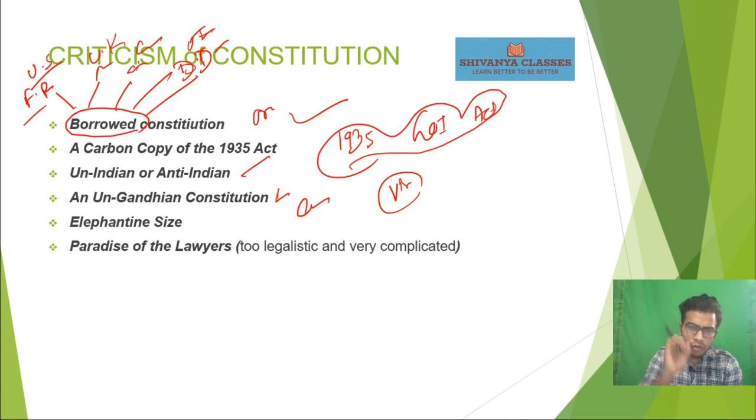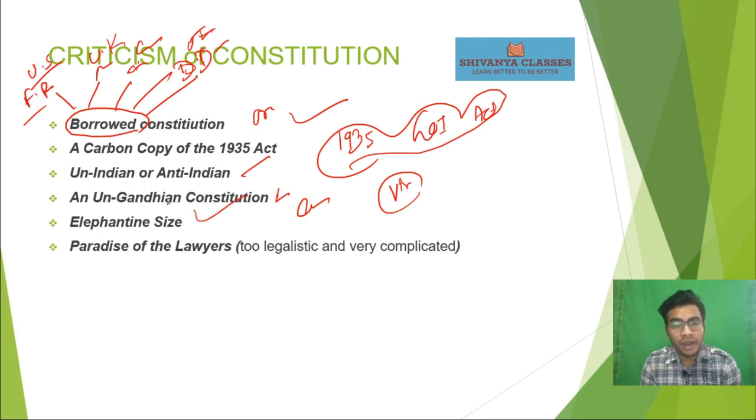So in order to fulfill the aspirations of each part of our country and each citizen of this country, we need a bigger constitution, which can incorporate all the provisions needed to govern a big country like India. So this is its elephantine size.